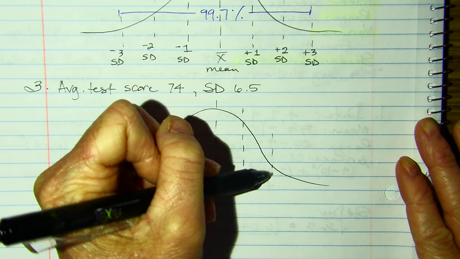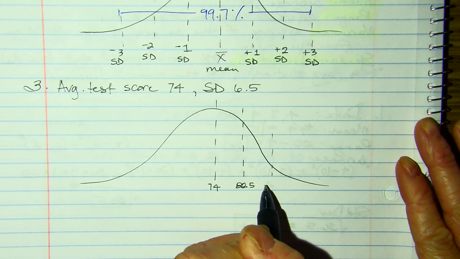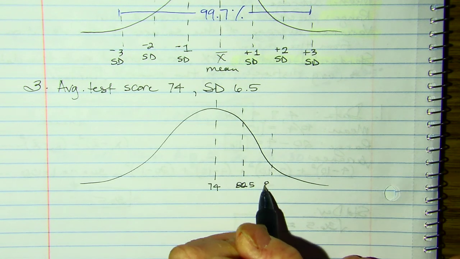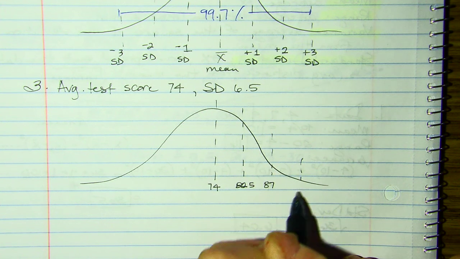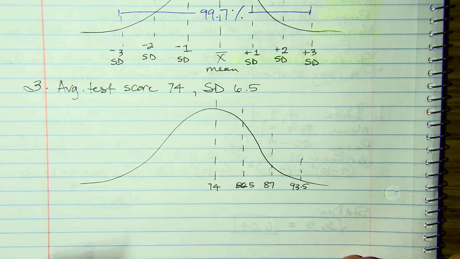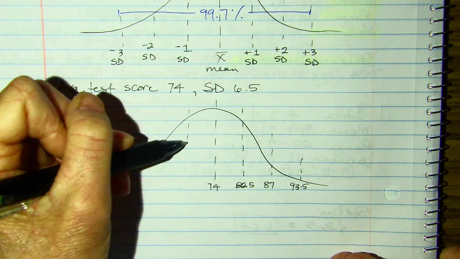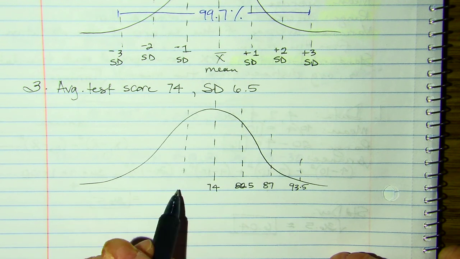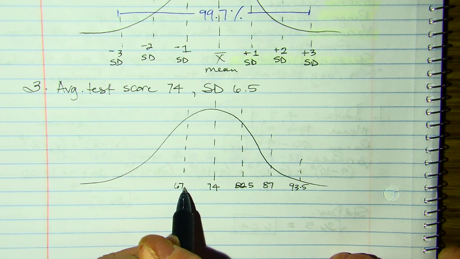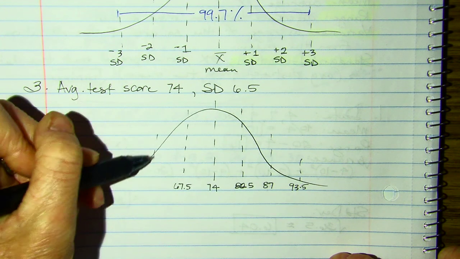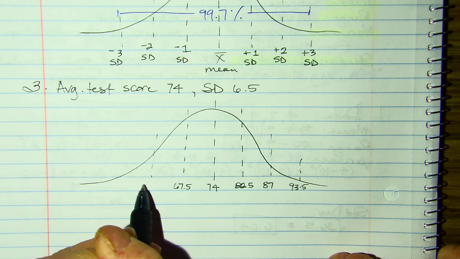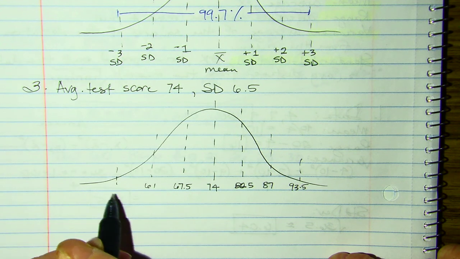Another standard deviation over would be 80.5 plus the standard deviation, which would be 87. And this would be 93.5. Now going to the left, I would subtract one standard deviation, so that would give me a score of 67.5, a score of 61, and a score of 54.5.